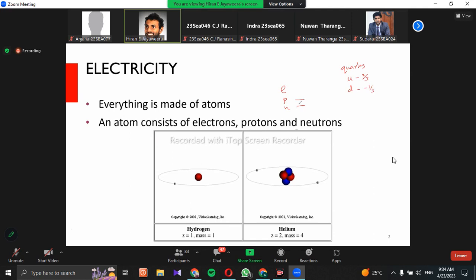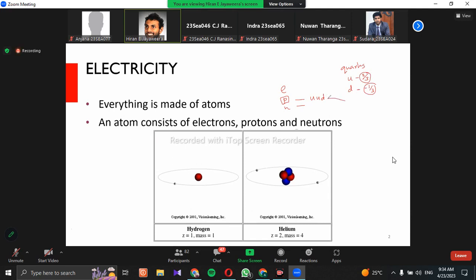So the proton is not a fundamental particle. Why? Because you can have even smaller particles called quarks. The proton is made of 3 quarks, called UUD, 2 up quarks and 1 down quark. So these are the charges of the quarks.